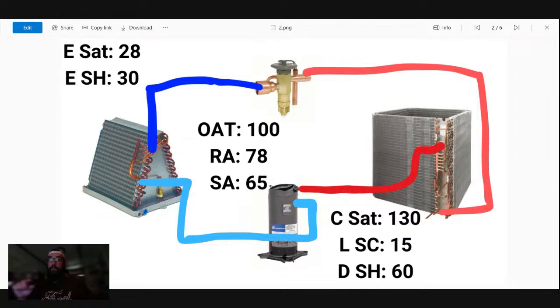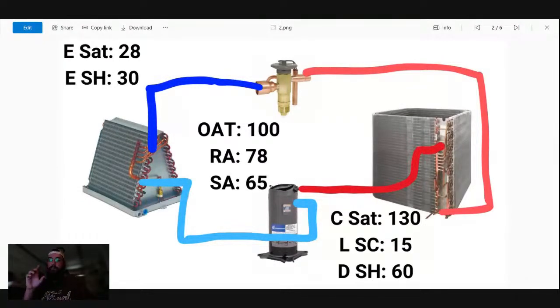So we take the cap off the stem. In that TXV, as the stem is threaded in a clockwise direction, we're increasing spring pressure, which is going to increase our superheat. And the more we come out of that stem, we're going to decrease spring pressure, which allows it to open more and decrease our superheat.